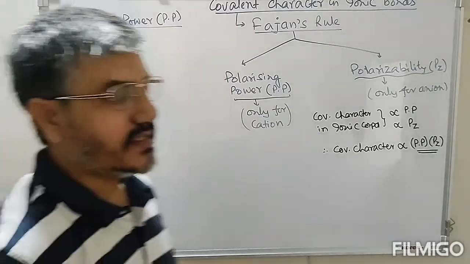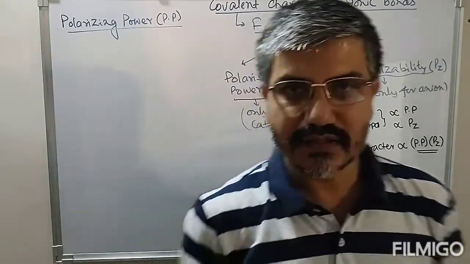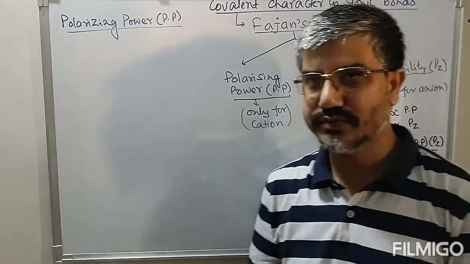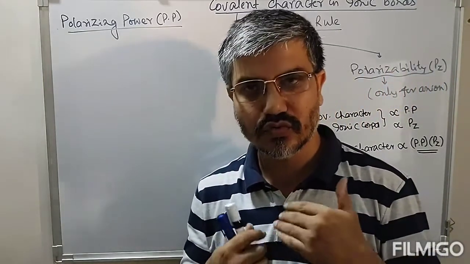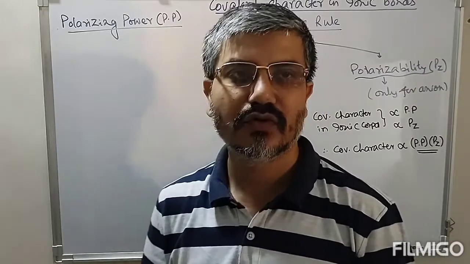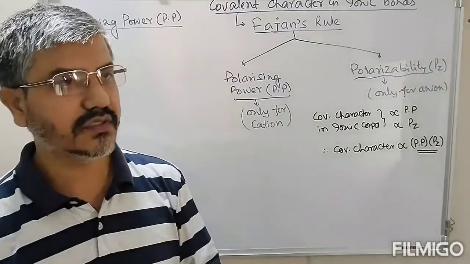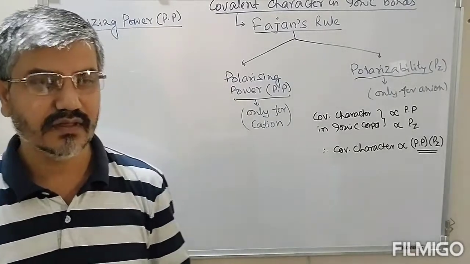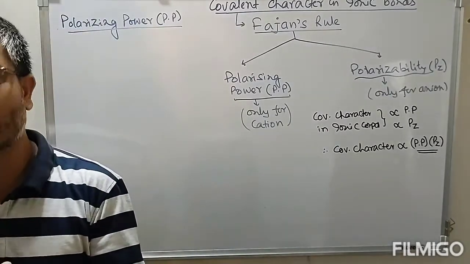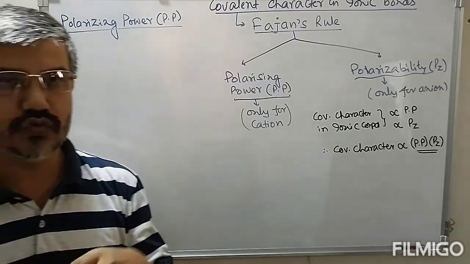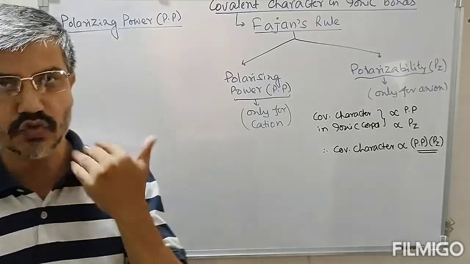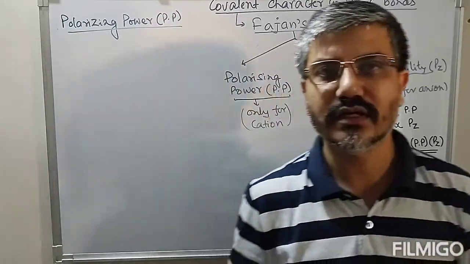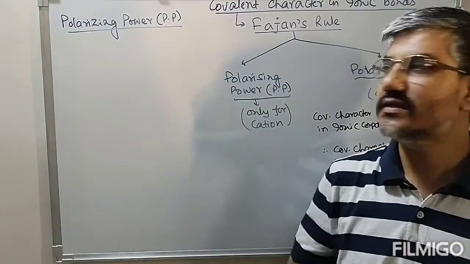Now this polarizing power of cation is the tendency of the cation to disturb, to deform, to distort the electronic field of the anion.